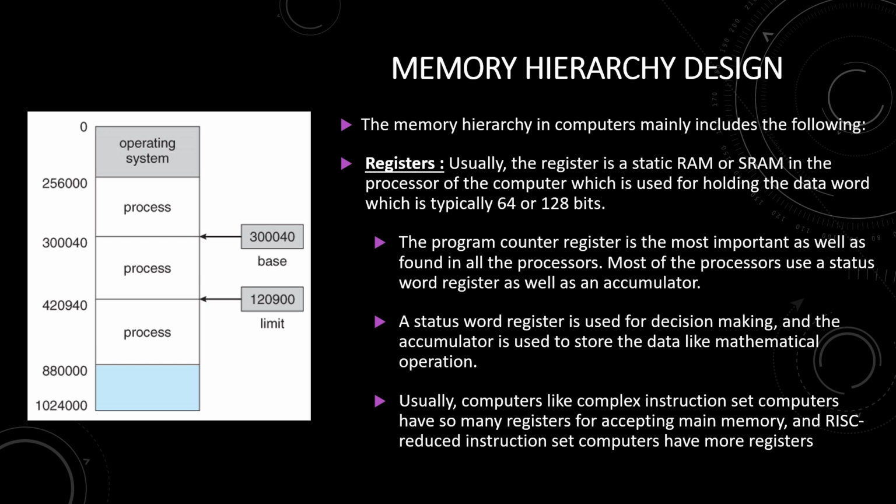A status word register is used for decision making, and the accumulator is used to store the data of a mathematical operation. Usually, computers like complex instruction set computers have many registers for accessing main memory, and RISC, reduced instruction set computers, have more registers.